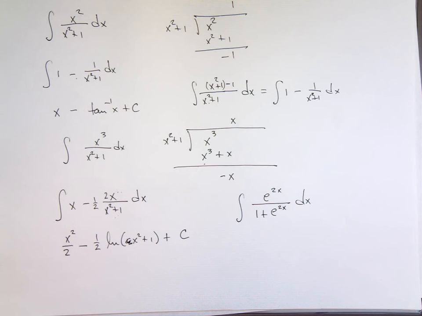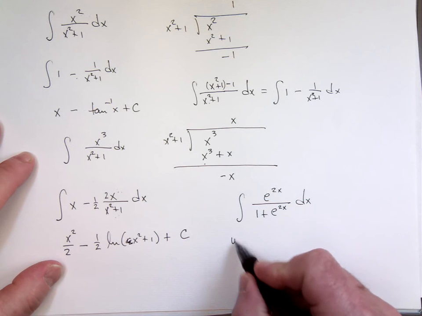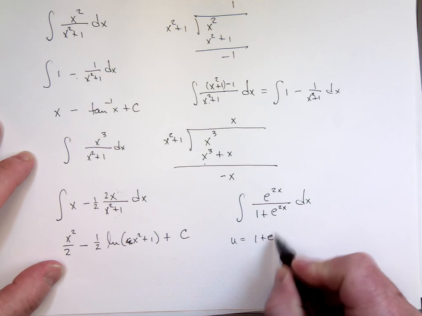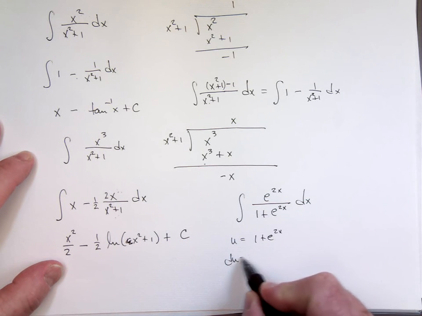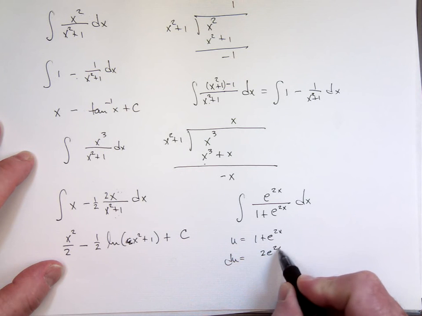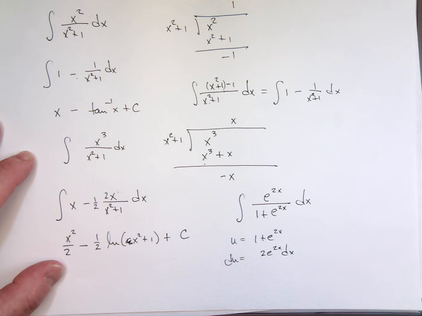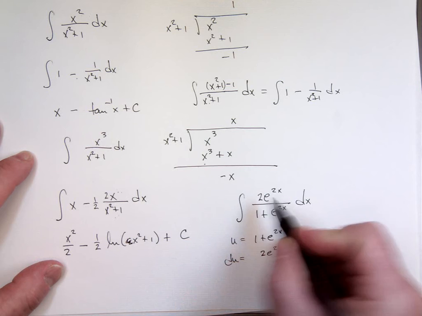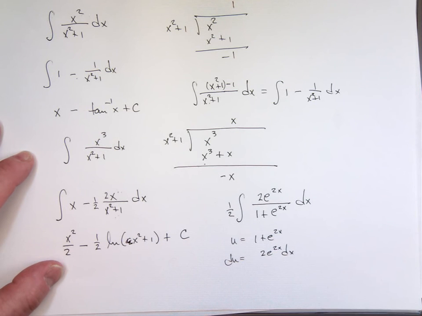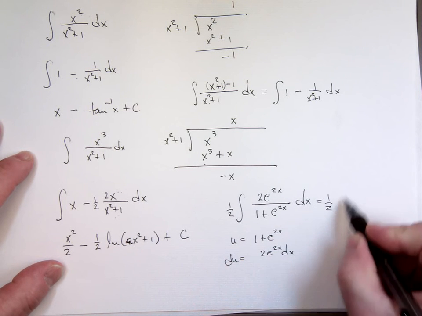It's 1 over u du form. U is equal to 1 plus e to the 2x. Du is 2e to the 2x dx. Well, that's okay. We can multiply by 2 and by 1/2, giving us 1/2 the integral of 1 over u du. This is u.